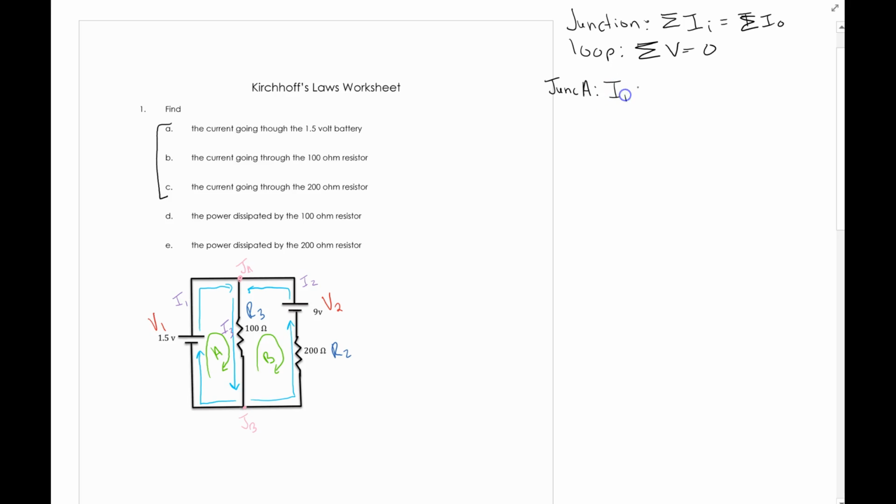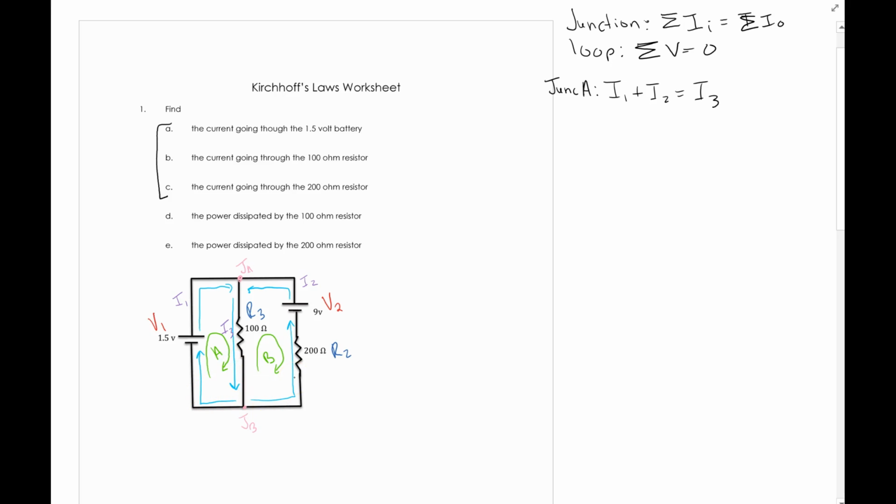So I1 plus I2 is equal to I3. We only need to do one of our junctions because junction B ends up producing the same equation, because my current in is I3 and my current out is I1 and I2.